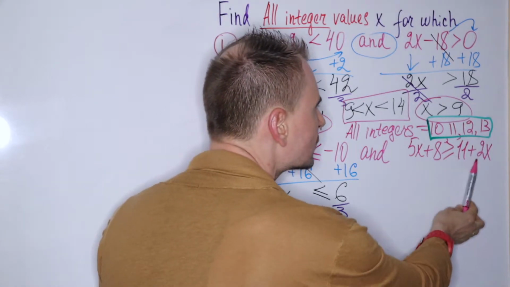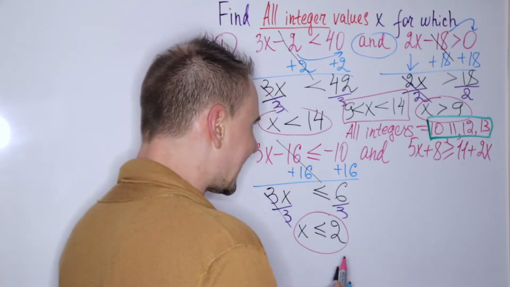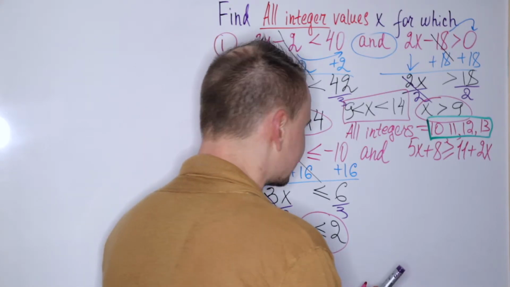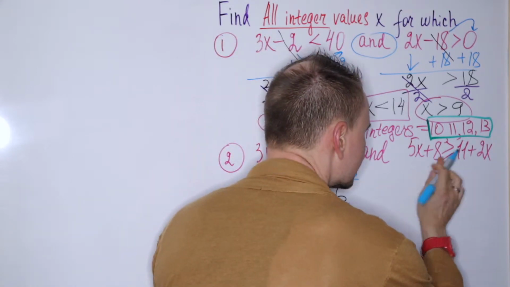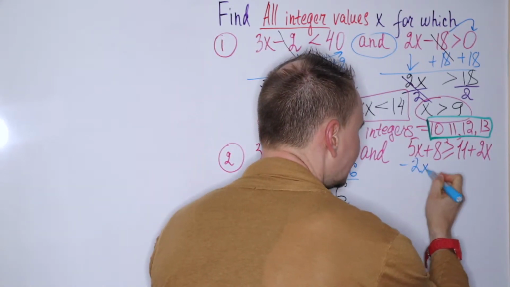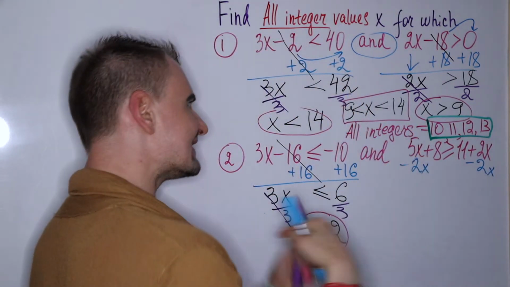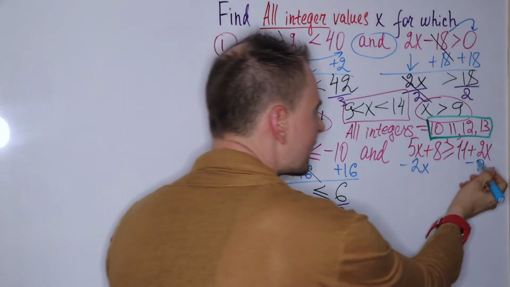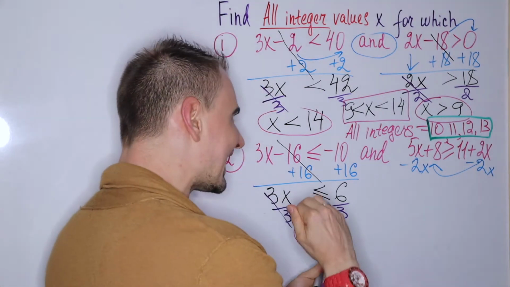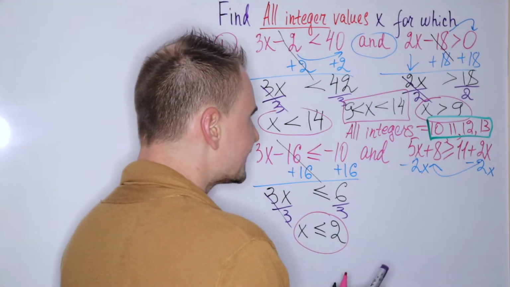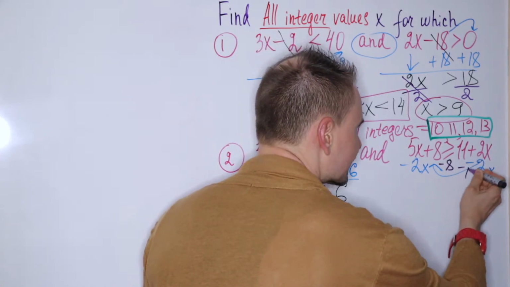I'm going to bring these 2x to the left side by subtracting 2x from both sides, and simultaneously move this 8 to the right side by subtracting 8 from both sides.